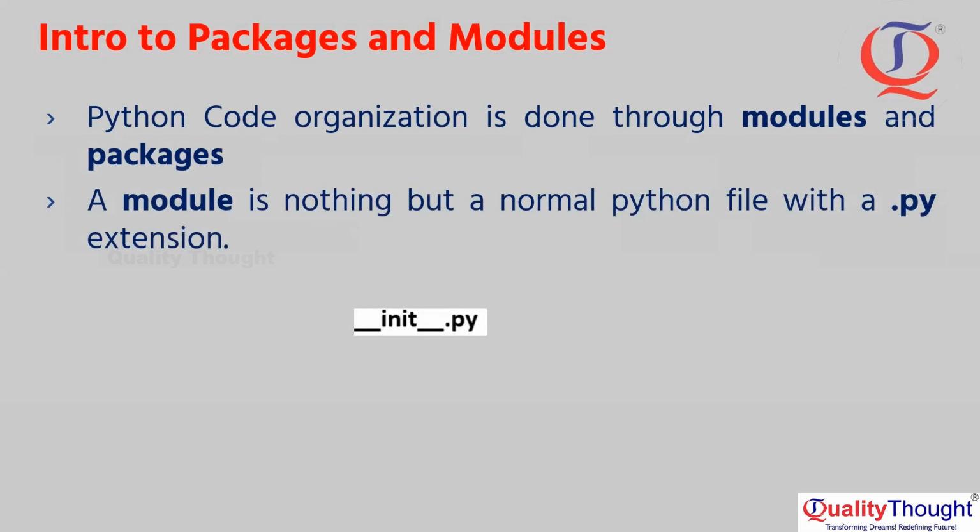So what do you mean by module? As per Python, it's just a .py extension. But as per C++, we call them header files. Hash include stdio.h, hash include string.h, hash include math.h.